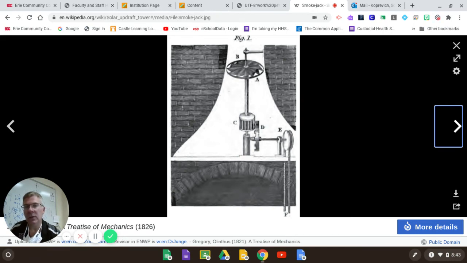So what you have here is this little propeller that spins when you light a fire in the fireplace, which then causes it to turn, and then you hook up the gears and you can run machinery like a block to crush flour or something like that. Probably wouldn't be flour because flour would be explosive if they were crushing it next to a fireplace, but they definitely could use it for other things, okay?